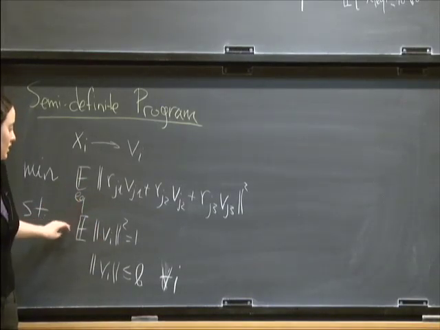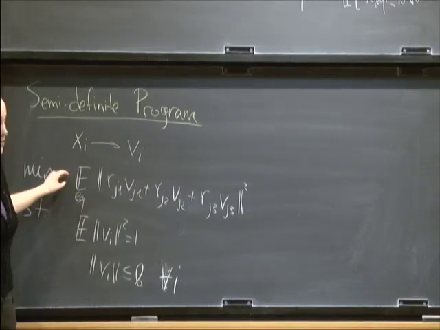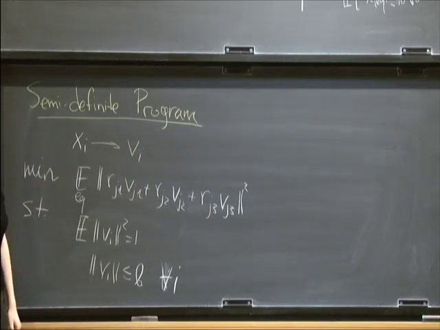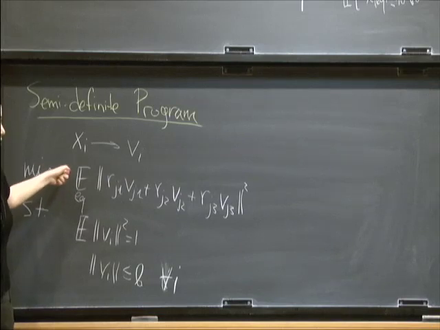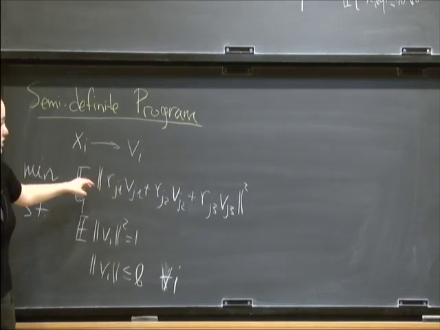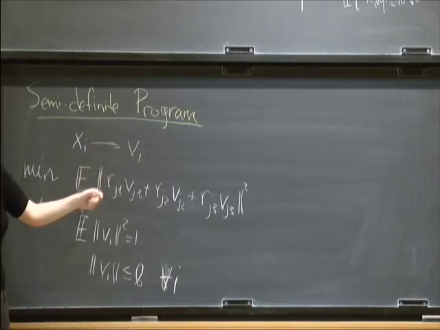You can arrange this to be 1. This doesn't affect the result too much. So you'll get a real solution where the square will be essentially delta.